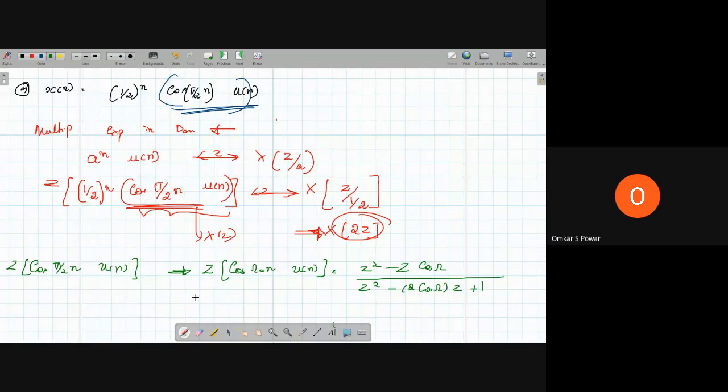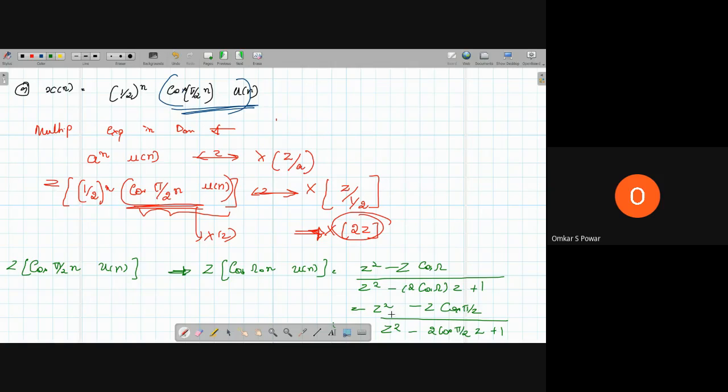Now what is omega? Omega is nothing but pi by 2. So put pi by 2: z square minus z cos pi by 2 divided by z square minus 2 cos pi by 2 into z plus 1.